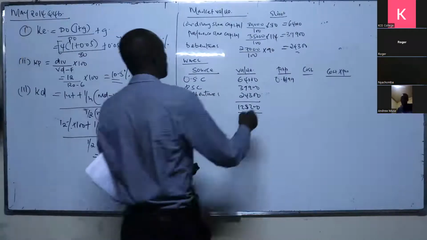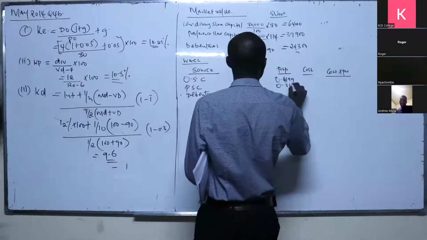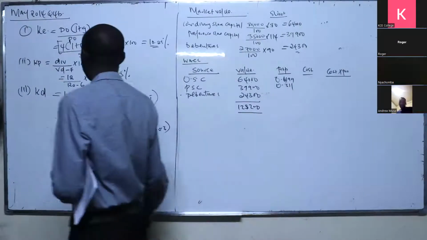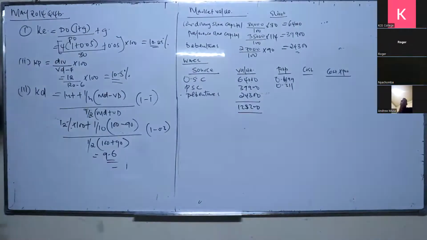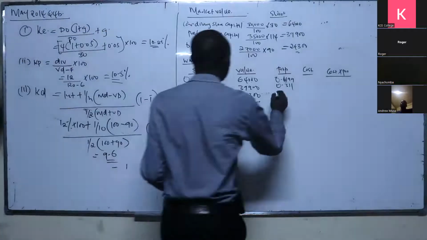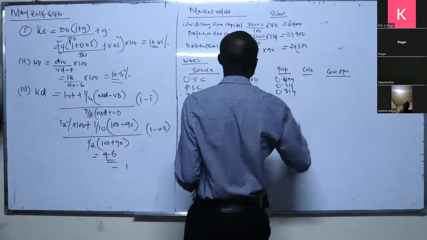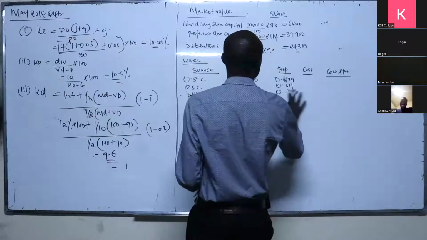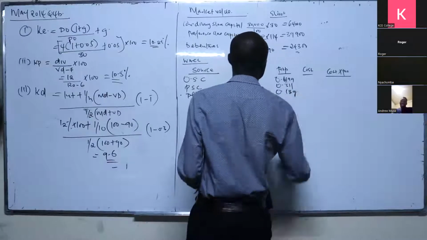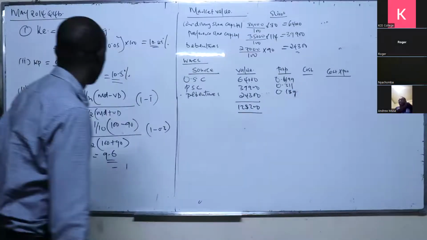So this one will be 0.311. And then there's another one, 0.189.